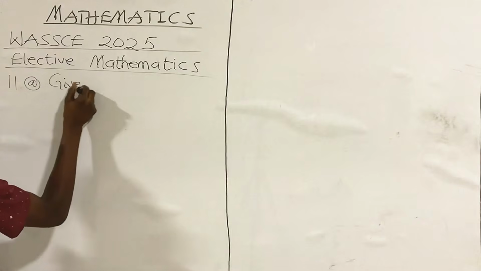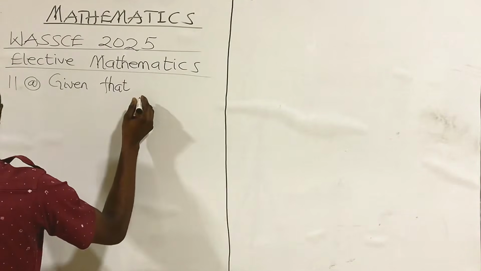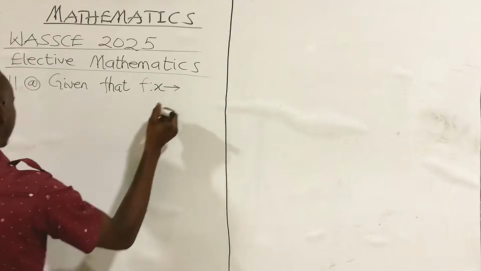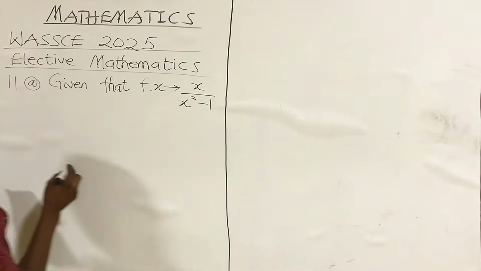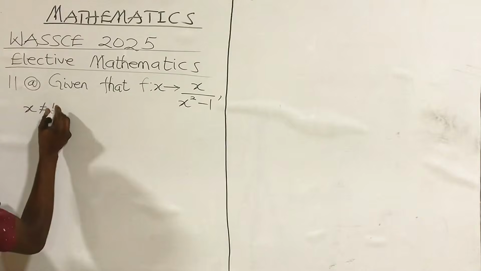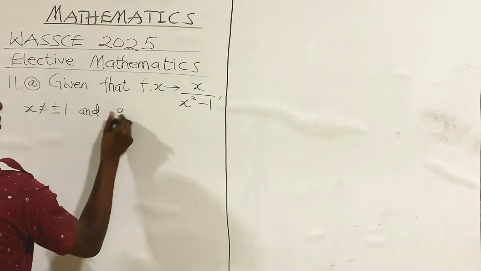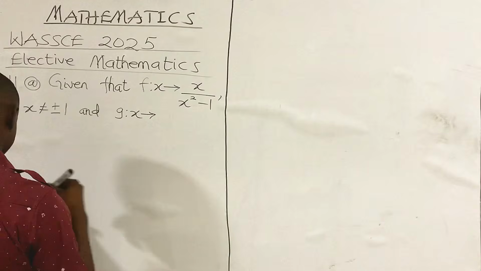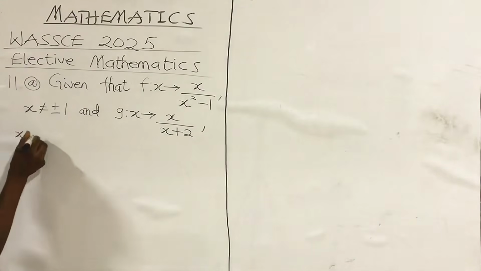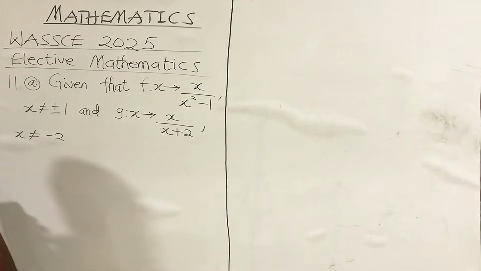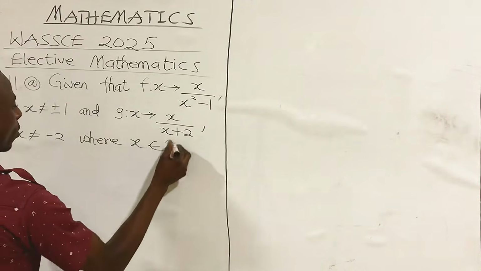Given that f of x, which maps x to x all over x squared minus 1, x is not equal to plus or minus 1, and g such that x maps to x all over x plus 2, where x is not equal to negative 2, and x belongs to all real numbers.